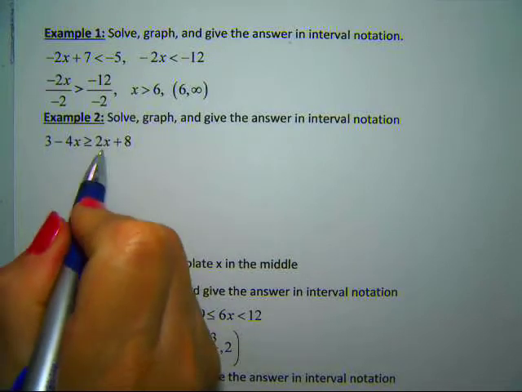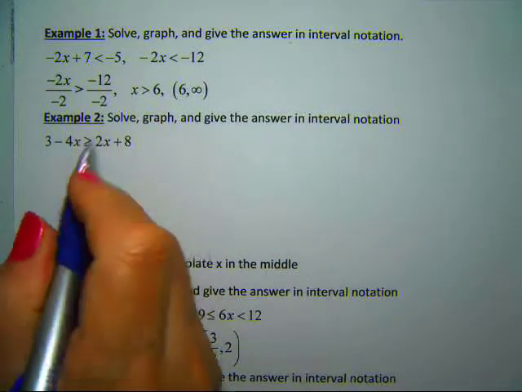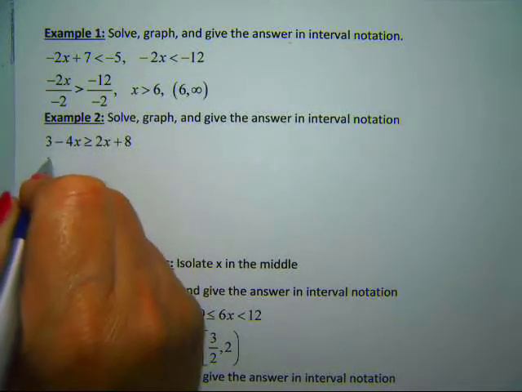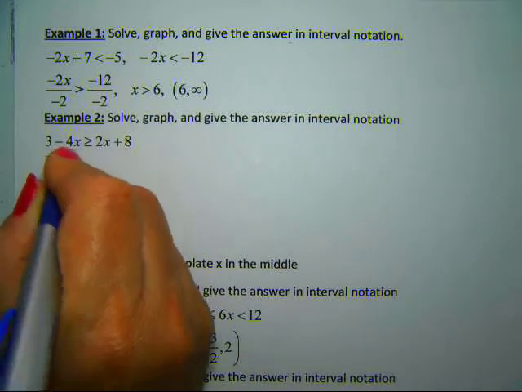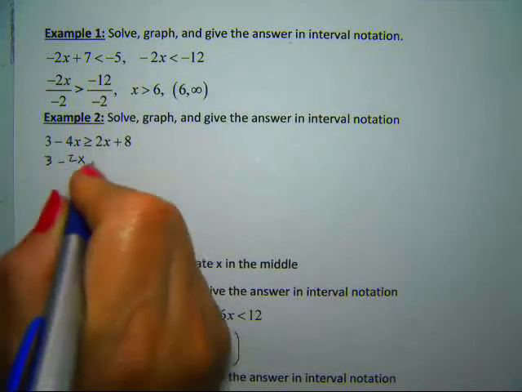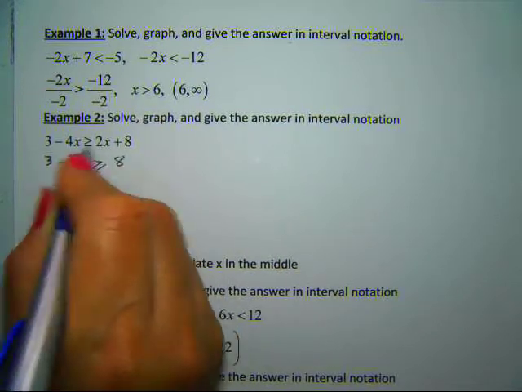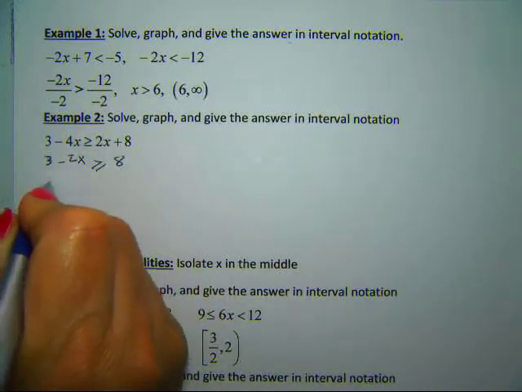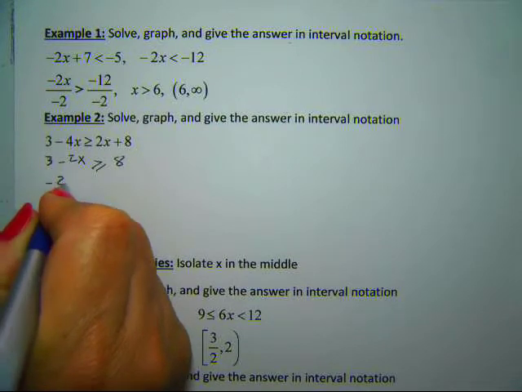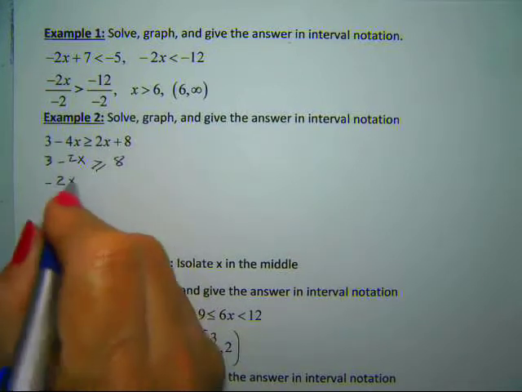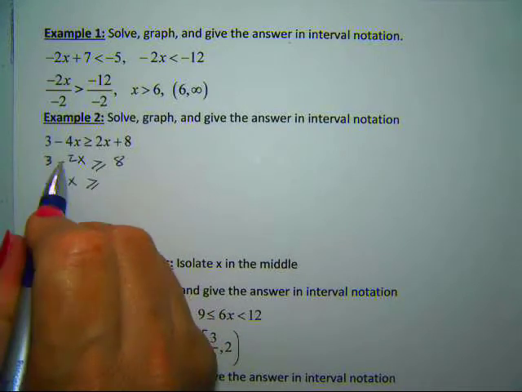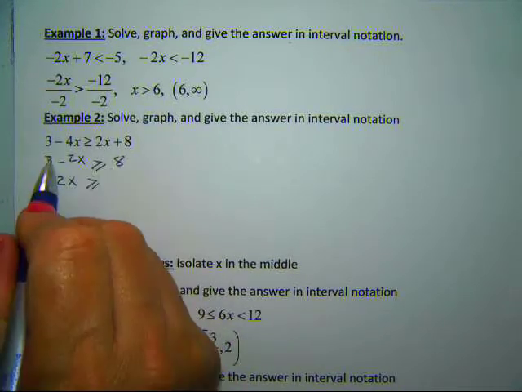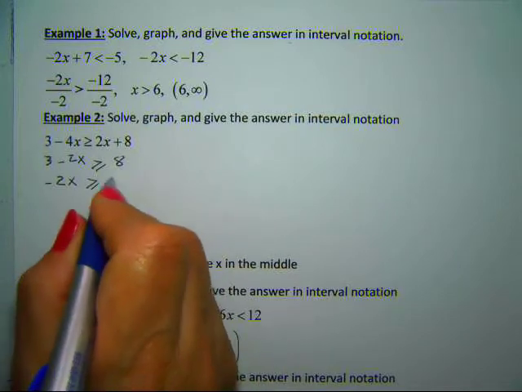So a linear equation, so let us subtract 2x from both sides. So we're going to have 3 minus 2x greater than or equal to 8. Again, I just subtracted 2x. Okay, negative 2x is greater than or equal to, subtract 3, so that's a 5.